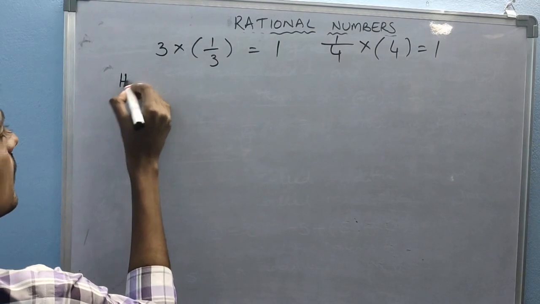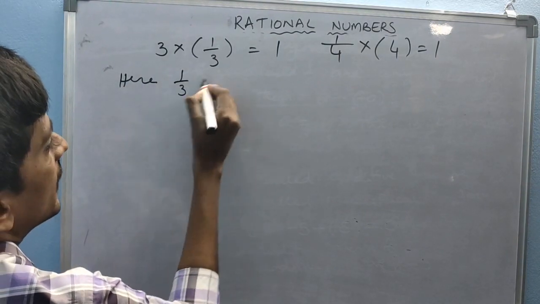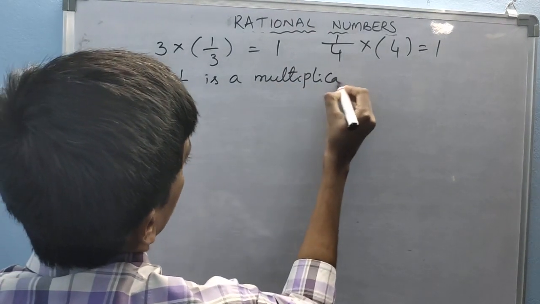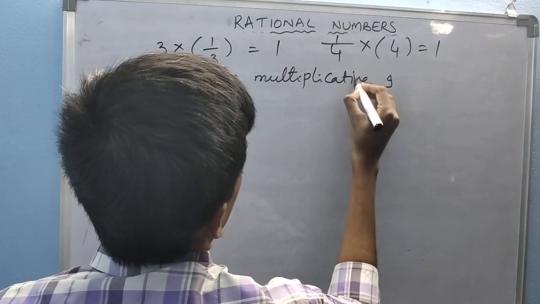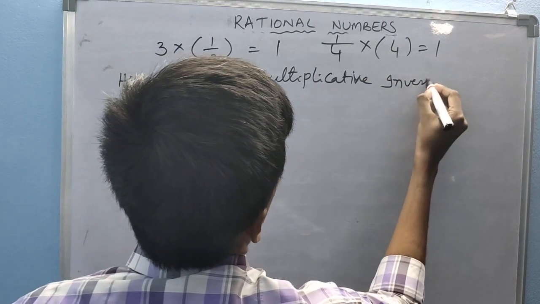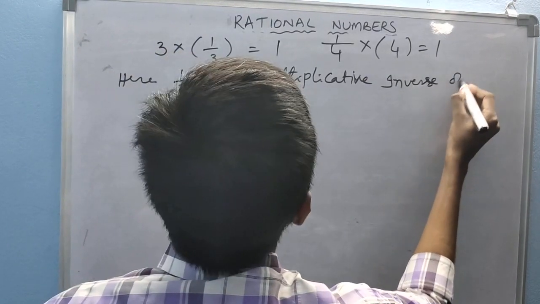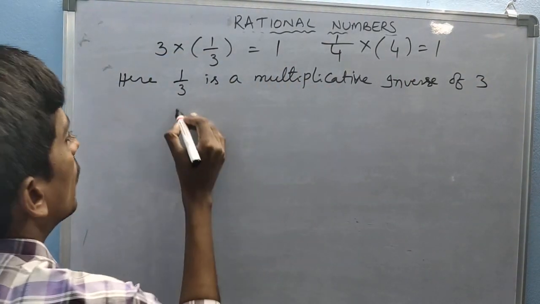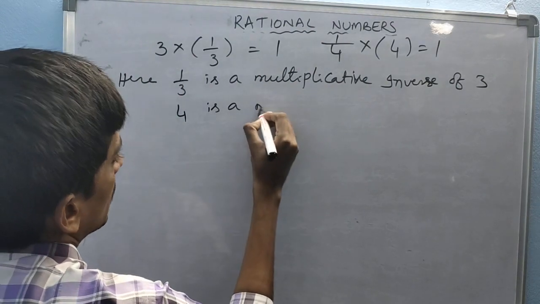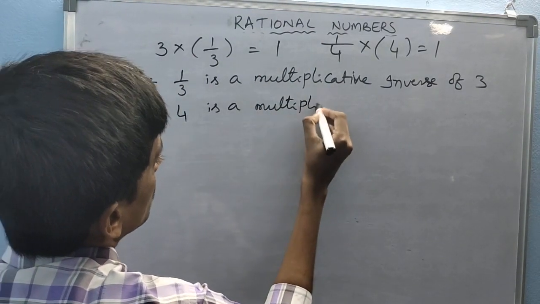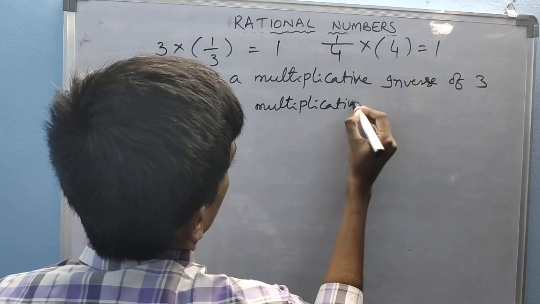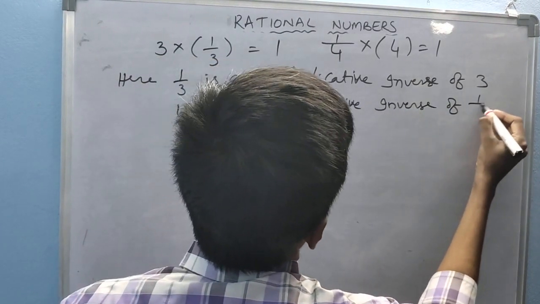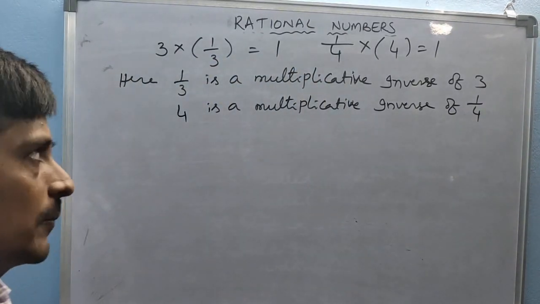So here 1 by 3 is the multiplicative inverse of 3, and 4 is the multiplicative inverse of 1 by 4.